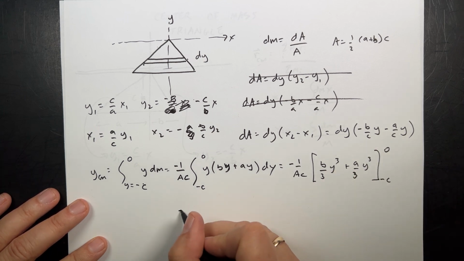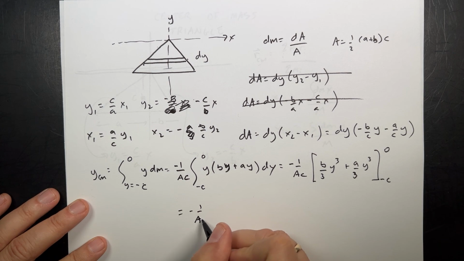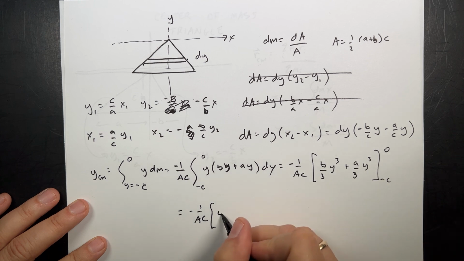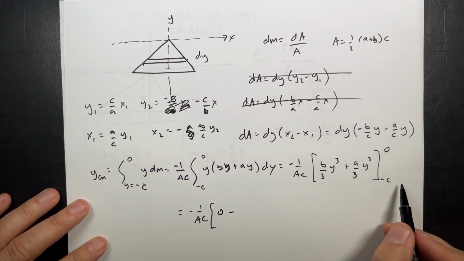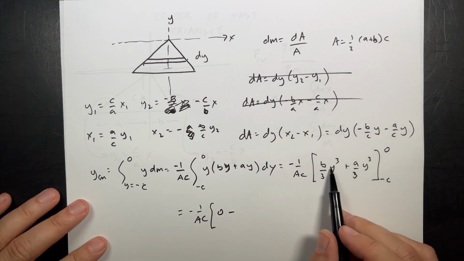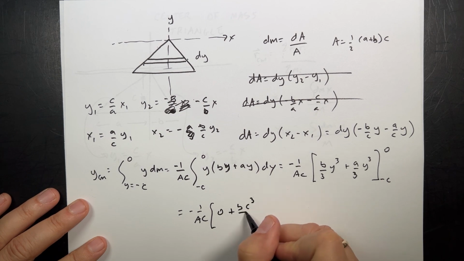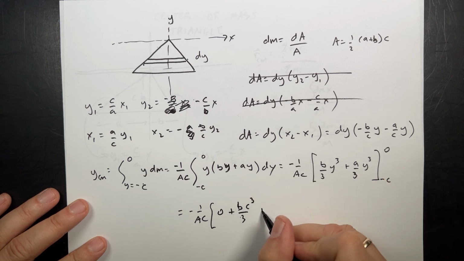So I get negative 1 over ac times 0 put in there, I get 0, minus this with negative c. So negative c put in there, I'm going to get negative c cubed. But then I have a negative right there, so it's going to be plus b c cubed over 3. And same thing over here, plus a c cubed over 3.